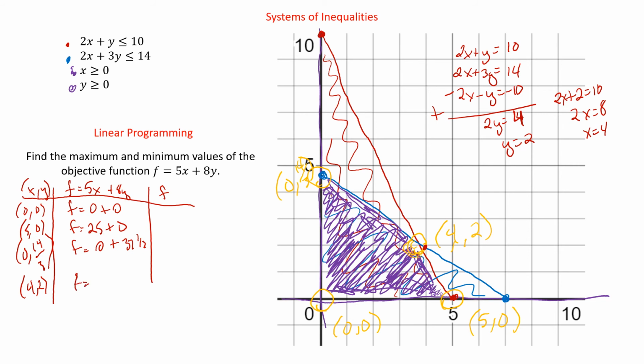And f equals 5 times 4 is 20, plus 8 times 2 is 16. And so 0 plus 0 is 0, 25, 37 and a third.